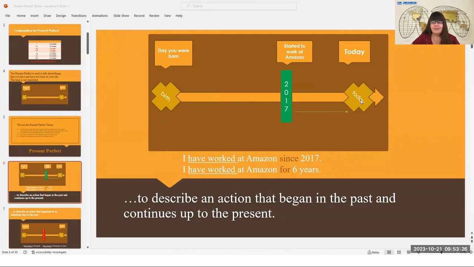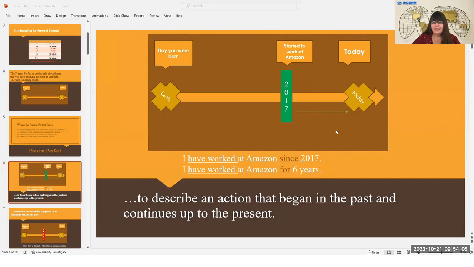And today we're having a conversation about that, but you can see that you started in 2017 and you continue working there even today. So it's from this time in the past up to the present. So if we look again, the present perfect can describe an action that began in the past and continues up to the present.